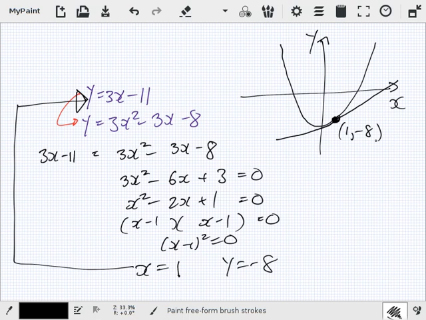Can you see? 1 minus 8. Yeah? Isn't it? There's 10, roughly. Okay, so finish writing that one down, please.